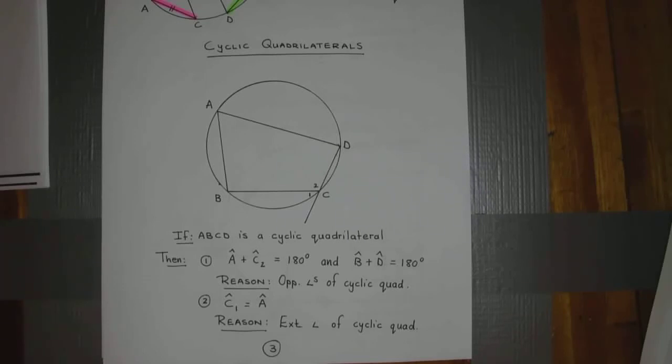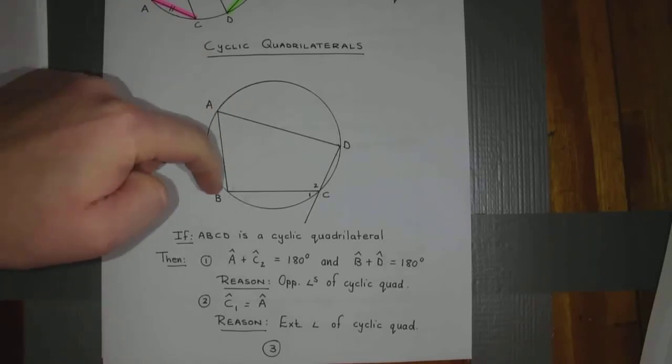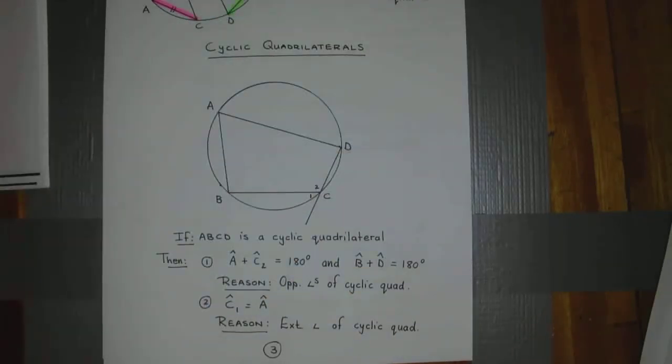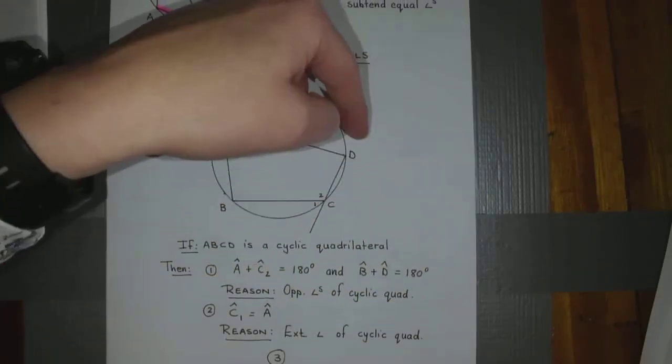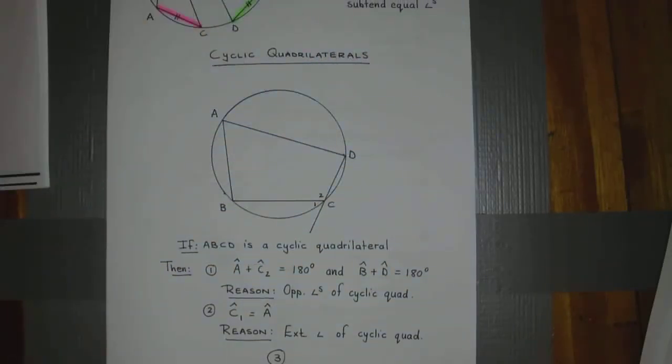So they can tell you A, B, C, D are on the circumference of the circle, and that means it's a cyclic quad. Or they could say AB, BC, CD, and AD are chords of the circle. To be a chord, they must also be on the circumference. So as long as you know those 4 points are on the circumference of the circle, automatically it's a cyclic quad. You don't have to prove it's a cyclic quad, that means it is a cyclic quad.